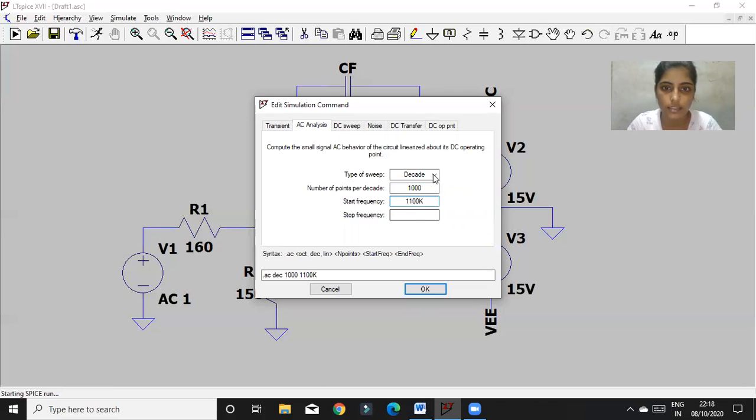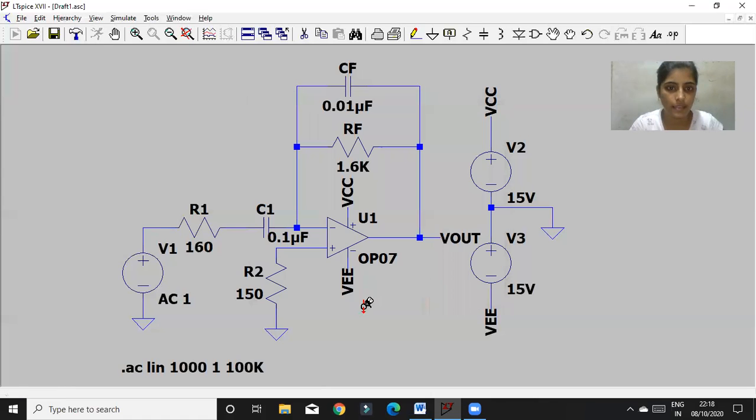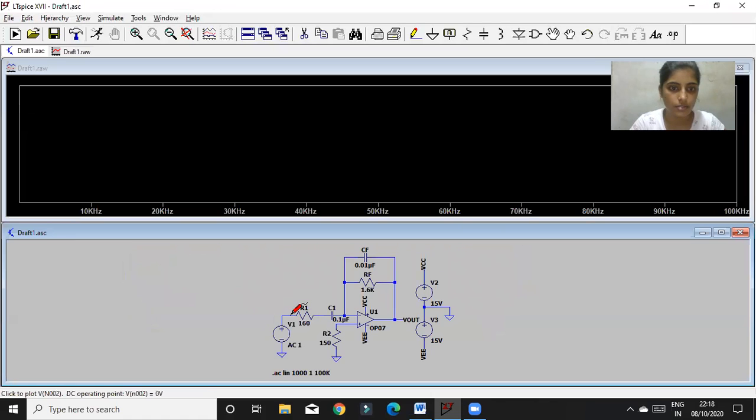This is not decade, this is linear. Oops. 100k. So let's check the output.